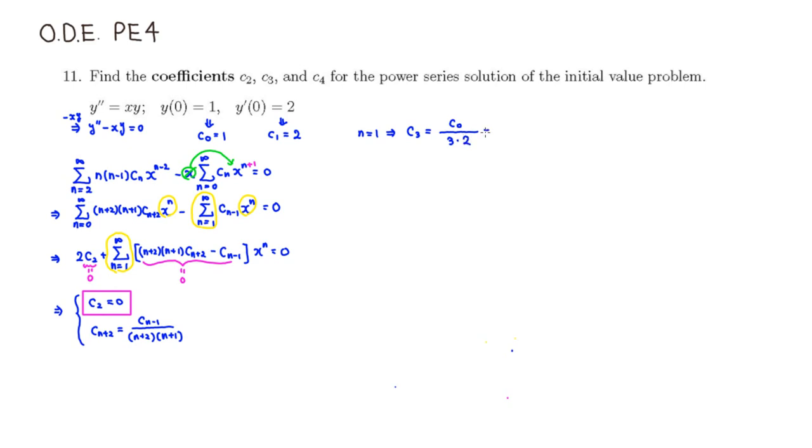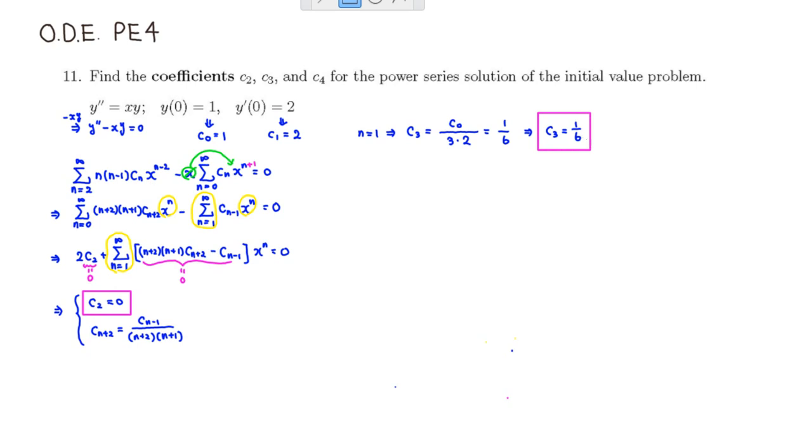C0 we know is 1, so it's 1 over 3 times 2, which is 6. So C3 is equal to 1/6. I'm going to box that out. So we got the C3 value.